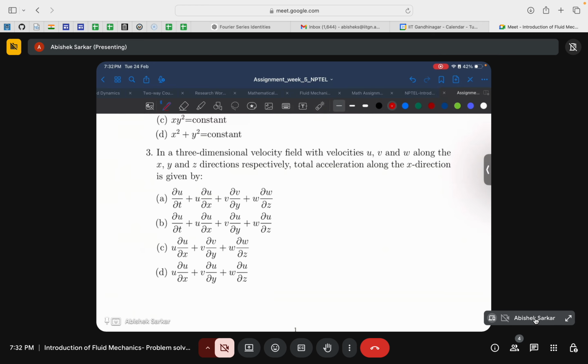Thumbs up, thumbs down also is fine if it's not clear. Okay, no problem. So in a 3-dimensional velocity field with velocities u, v and w along the x, y and z direction respectively, the total acceleration along the x direction is given by, oh my god.